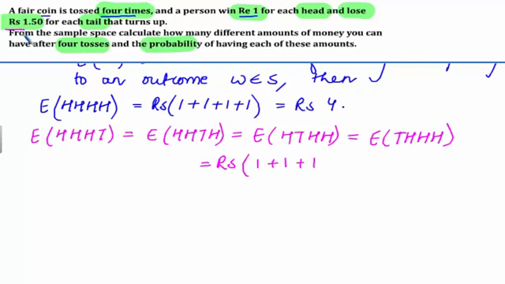So he loses 1 rupee 50 paisa, therefore we have minus 1.50, and this is equal to rupees 1.50.